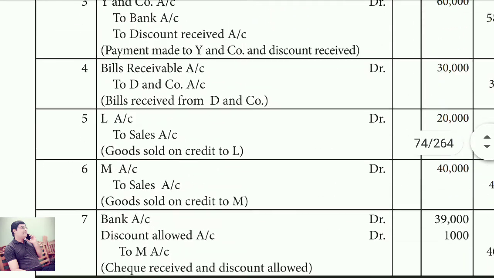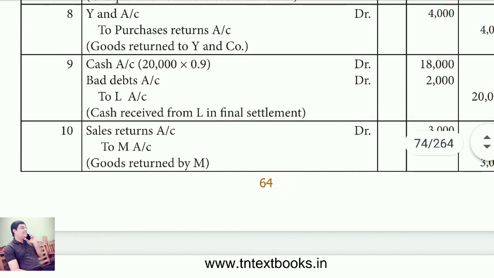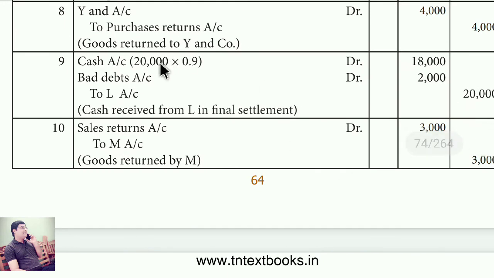What we received, that will be debited. See the date 9. So cash account debit 20,000 into 90 percentage, that is 18,000 rupees. So 20,000 into 90 percentage, 18,000 rupees.